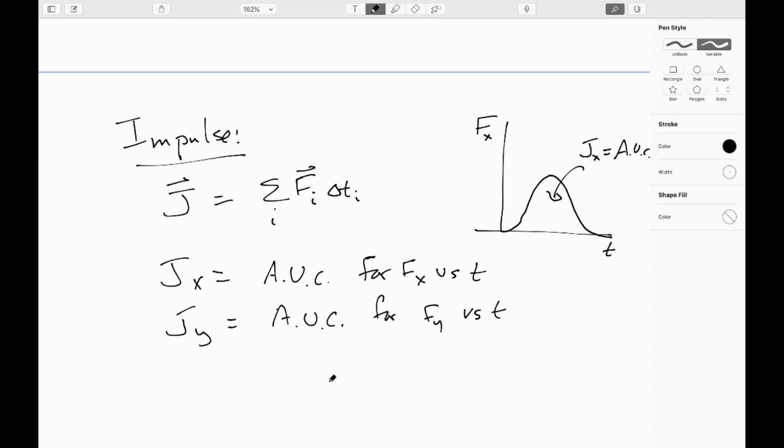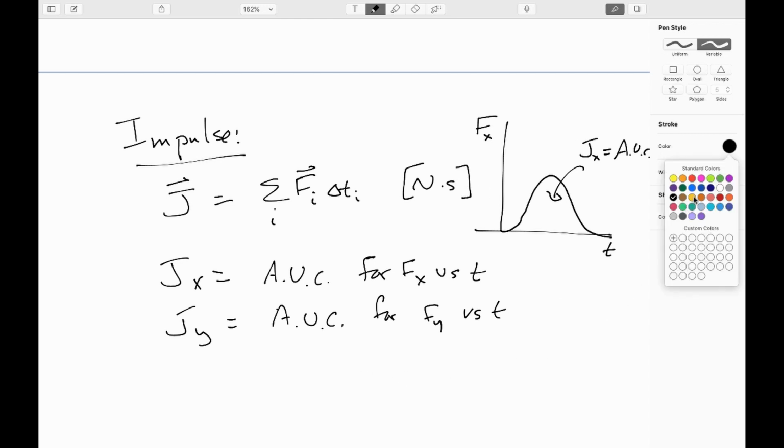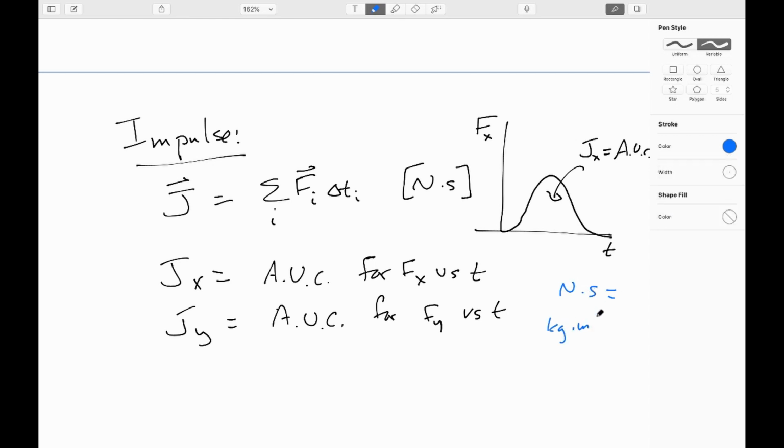Our units of impulse are newtons times seconds. If we play with that for just a moment, a newton times a second, remember a newton is a kilogram meter per second squared, times seconds, gives me kilogram meters per second. So the units of impulse have the same dimensions as the units of momentum.